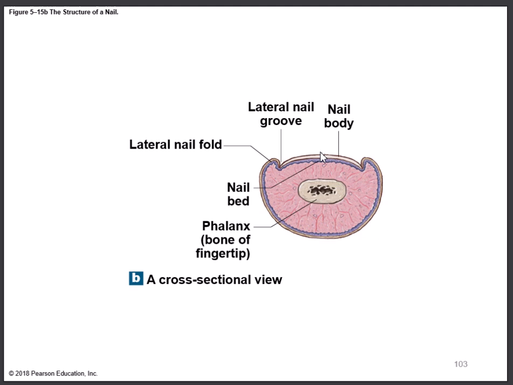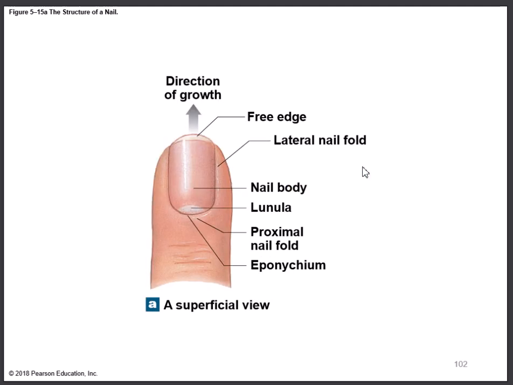So again, the body's not straight or flat. It actually is curved down. The edge of the nail goes into the lateral nail groove, and then a piece of skin goes over and covers it. If you try this on yourself, you could pull this back a little bit this way, and you could look in and see your lateral nail groove.